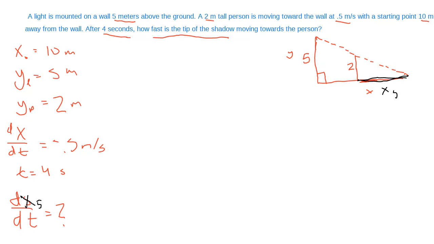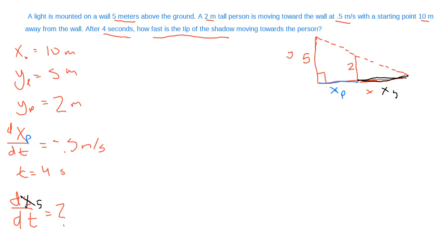Now let's also call this distance between the person and the wall x sub p, and this speed is in relation to the person. Now that we have this, let's see how to relate everything together, because ultimately the thing we're looking for is dx sub s over dt.